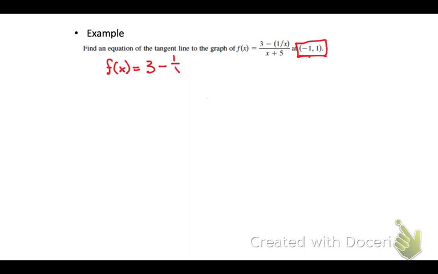Let me write it. First of all, you're going to write your fractions up and down so you can see them, yes? Okay, and then we're going to write it as 3 minus x to the negative 1 over x plus 5. Why am I making that x to the negative 1?